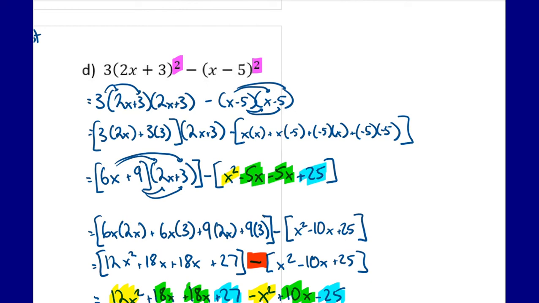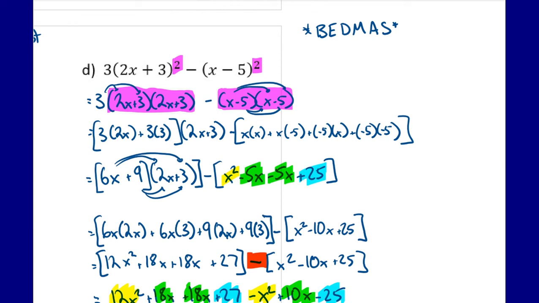So we have the 2x plus 3 multiplied by itself, which we can see here, and the x minus 5 multiplied by itself, which we can see here. So again, we're still following BEDMAS to some degree. Brackets, exponents, division, multiplication, addition, subtraction. So we're still following that to some degree.